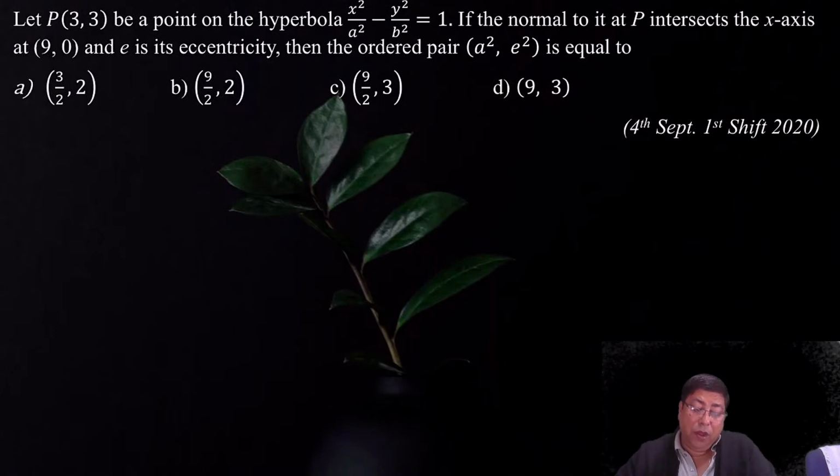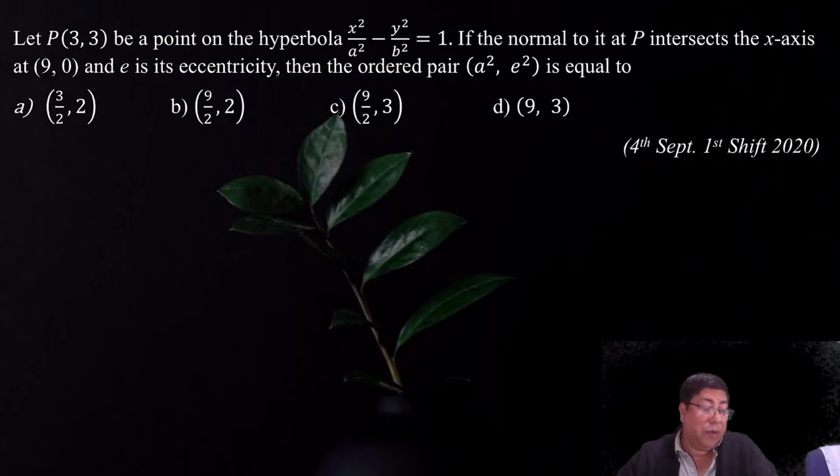Let P be a point on the hyperbola x square by a square minus y square by b square equal to 1. If the normal to it at P intersects the x-axis at (9, 0) and e is the eccentricity, then the ordered pair (a square, e) is this.